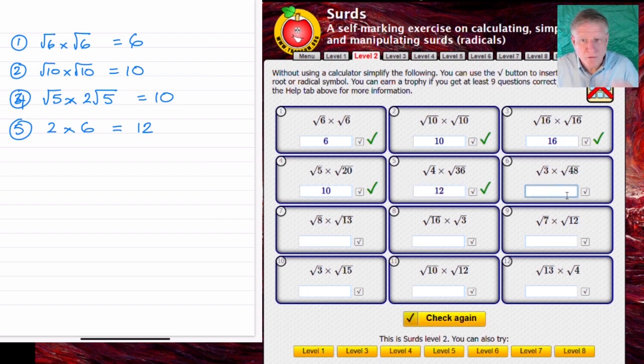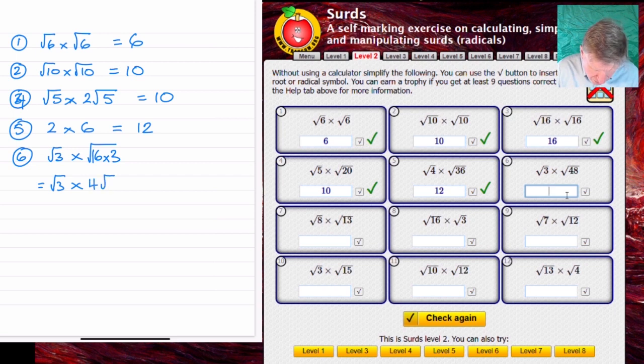Yes. Root 3 times root 48. Let's see. I know that 48 is 3 times 16. So for question number 6, I could write down this as root 3 times the square root of 48, and I know that 48 is 16 times 3, which is equal to root 3 times the square root of 16. 16 is a square number, it's 4.